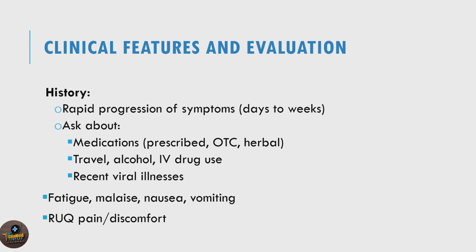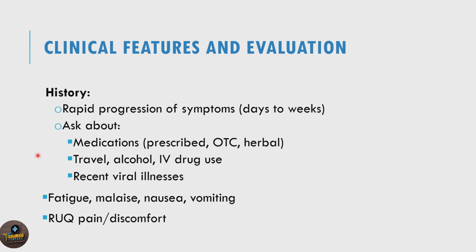Clinical features and evaluation. When evaluating a patient with suspected acute liver failure, ensure you take a detailed history. The symptoms usually progress rapidly, often within days to weeks. Ask about the use of prescription or over-the-counter medications or even herbal medications. Ask about alcohol intake or intravenous drug use.